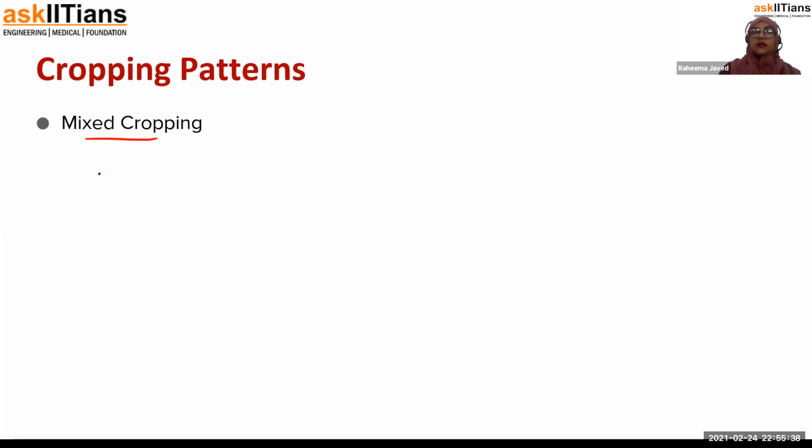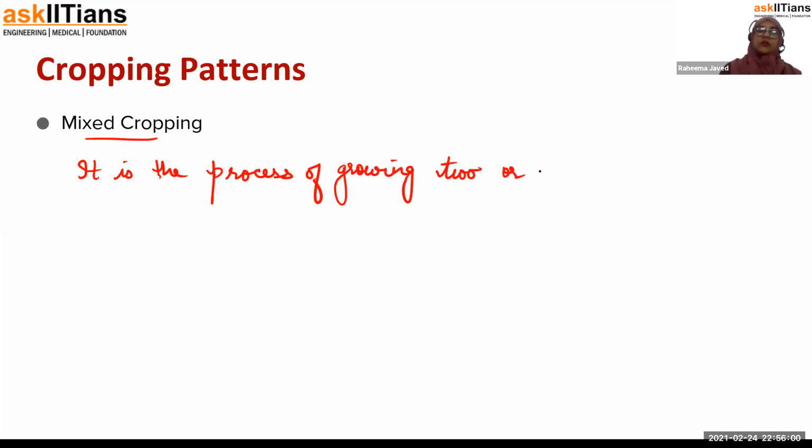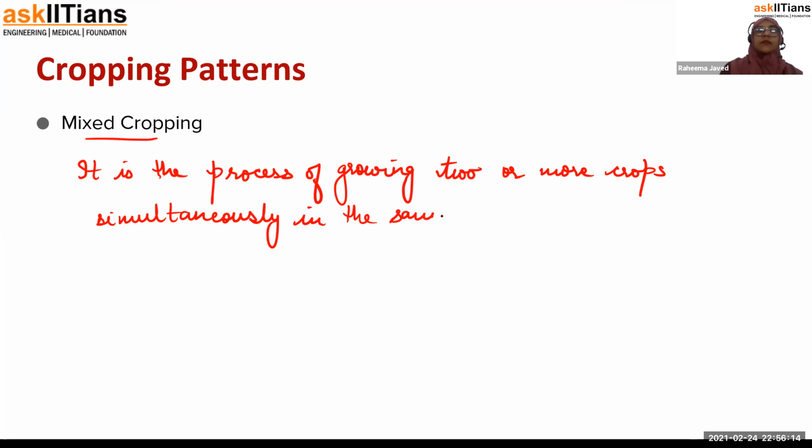Mixed cropping is the way of growing two or more crops simultaneously in the same field. I'm going to write the definition. It is the process of growing two or more crops simultaneously in the same field.